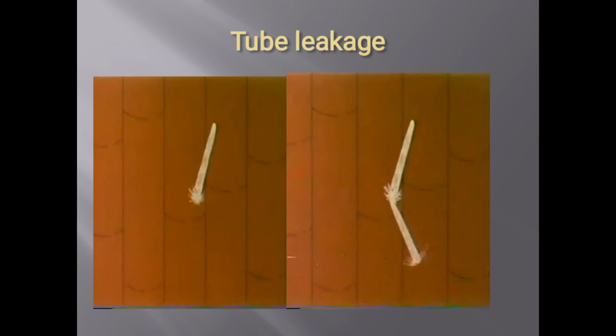When tube leakage occurs in one tube, then the jet of water also affects the second tube, and also becomes the cause of leakage of the second tube, because due to high temperature and high pressure, when the water jet hits the second tube, it becomes the cause of leaks in other tubes. This is a very common thing in the superheater.